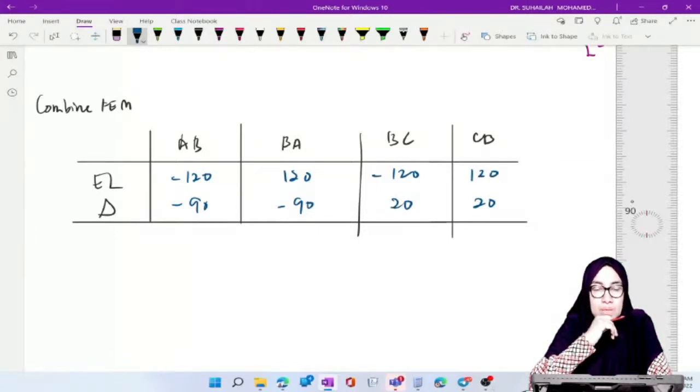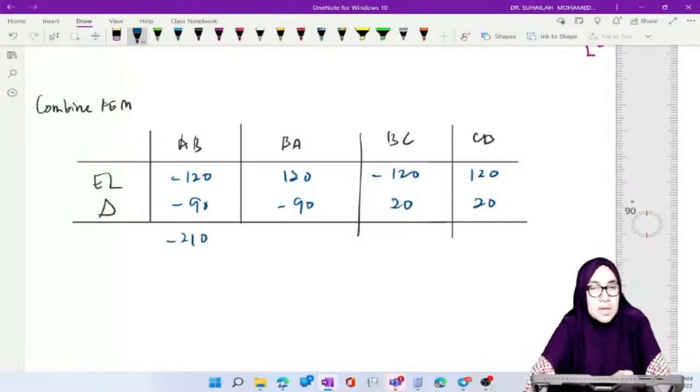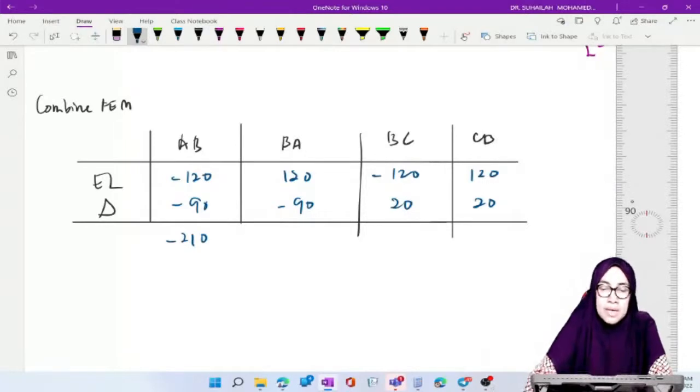So in total we get negative 210, positive 30, negative 100 and positive 140.